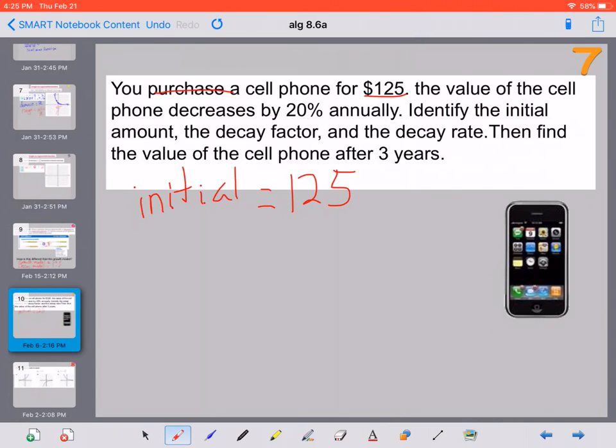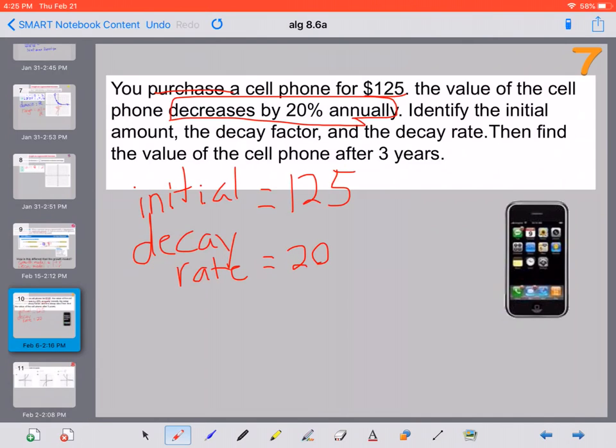Then it says find the decay factor. Let's find the decay rate first. The decay rate says it decreases by 20% annually. So it's decreasing by 20%.